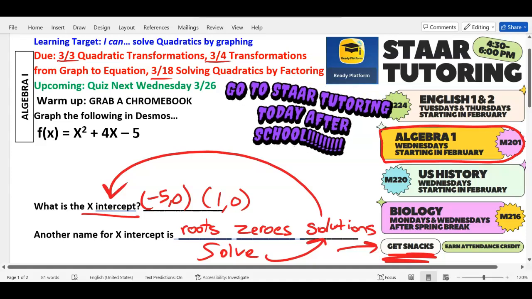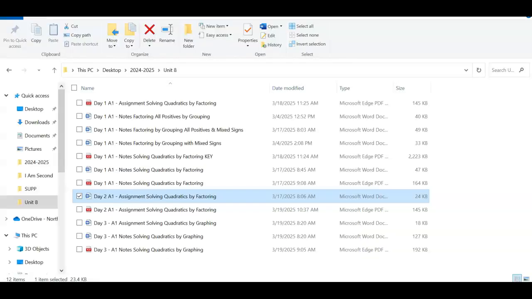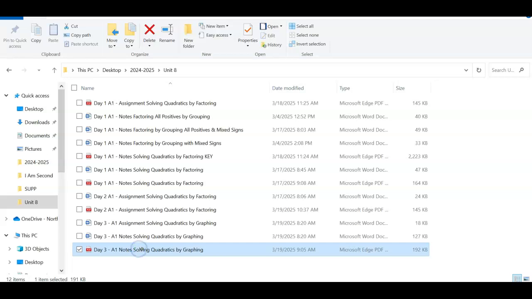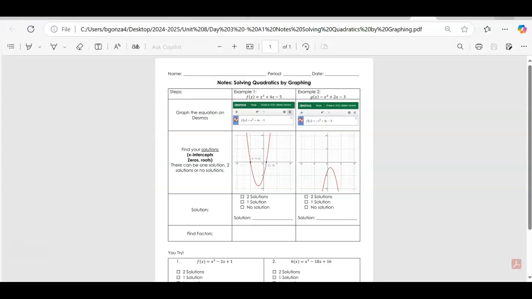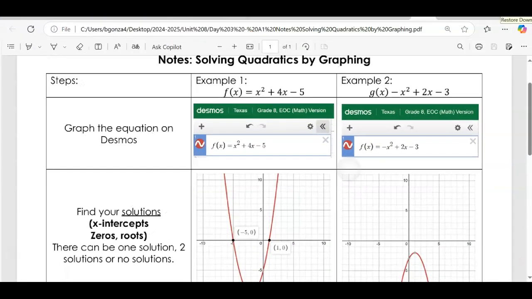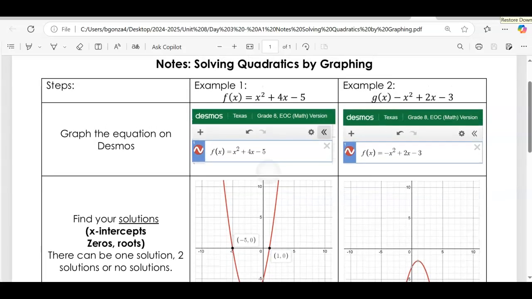Okay, let's look at these notes. All right, so this should look familiar. We just did this one on our warm-up.